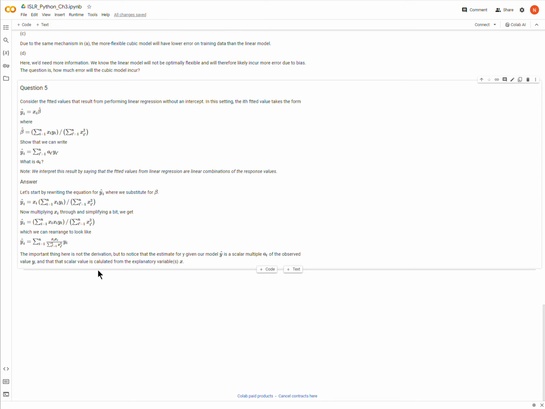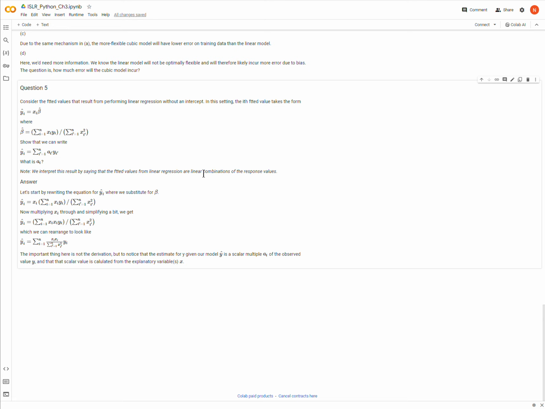Again, let me restate that: in linear models, our estimates y hat are simply a scalar multiple multiplied by the observed value of y, and that scalar multiple is a function of the observed values of our predictor variables. That's all that it's saying.